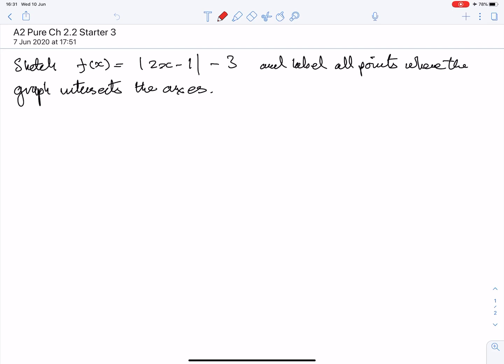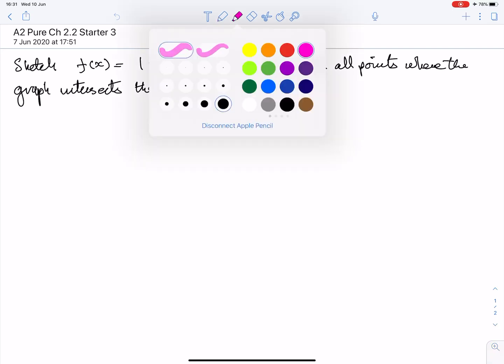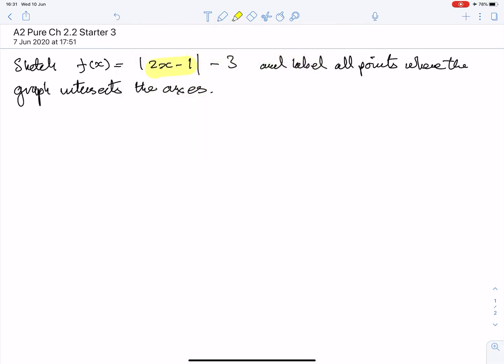I'm fairly confident that I can sketch 2x minus 1 fairly quickly. So the first little bit, I could write 2x minus 1, and these are really just little notes to myself, not my answer. 2x minus 1 is going to go through minus 1 with a gradient of 2.